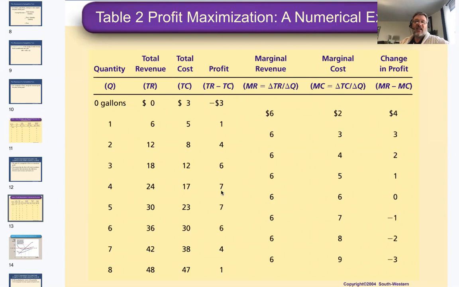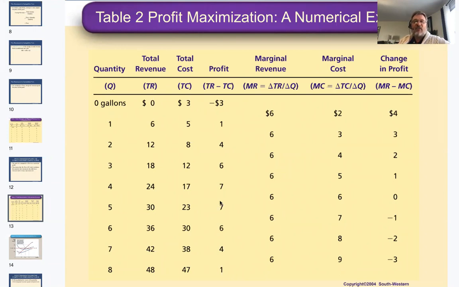Meaning 7 and 7 are both maxima, right, Miranda? They're both maximal with respect to profits. So there's nothing that's actually going to prevent the firm from stopping at 4 units.